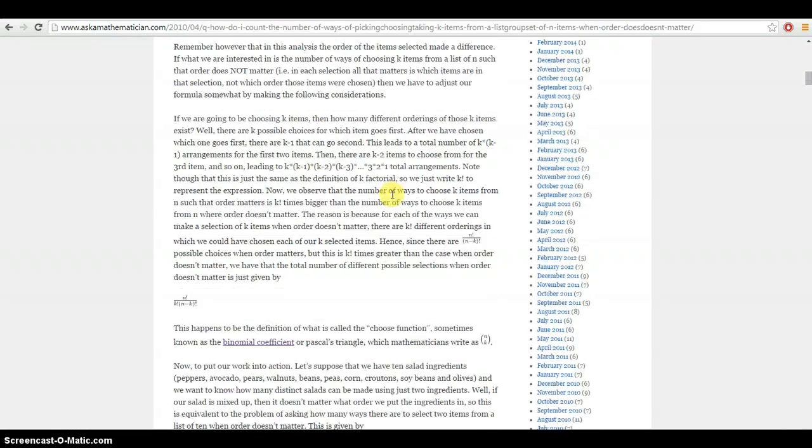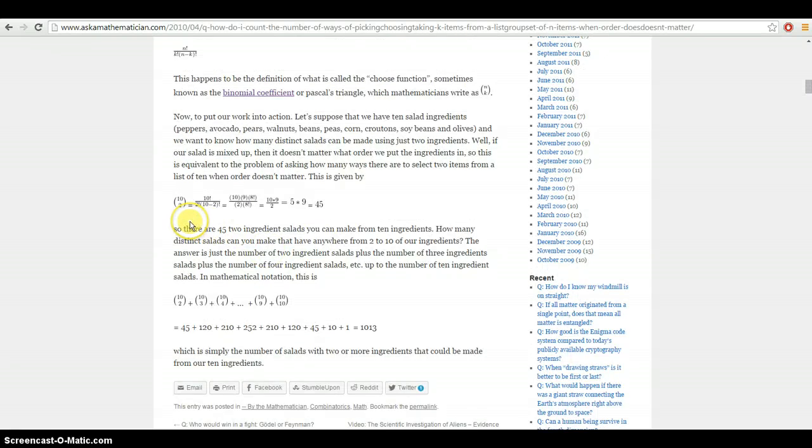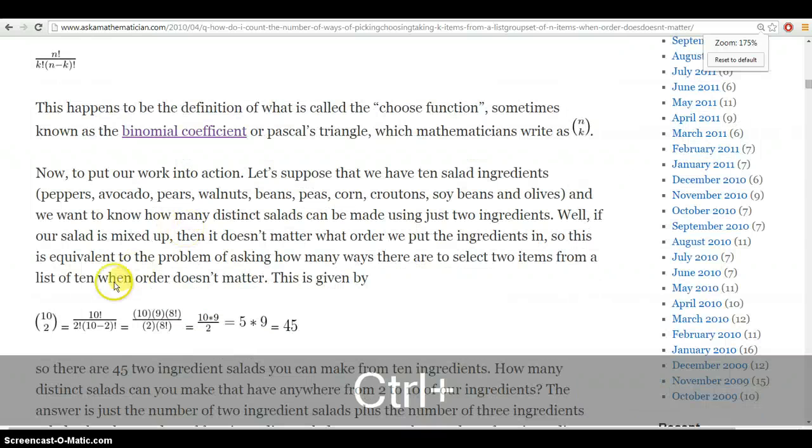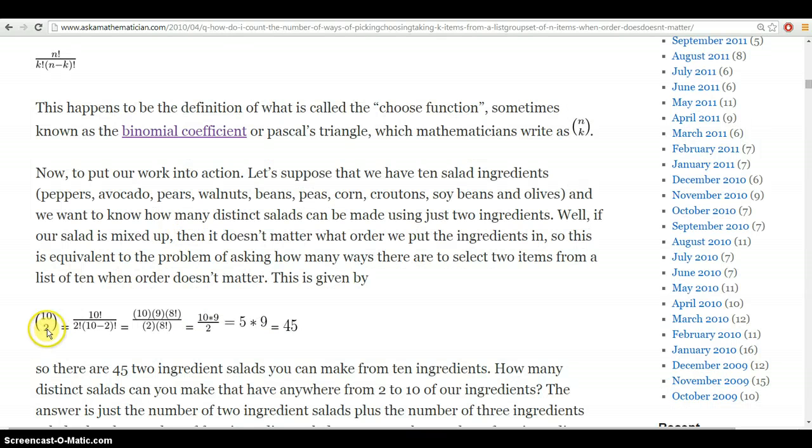And if I scroll down here, I notice this symbol, this 10 over 2 in parentheses that I saw in the problem we were just doing. So I may read a little bit about this and figure out that this exclamation point here is called a factorial, and what that means is 10 factorial would be 10 times 9 times 8 times 7 times 6 all the way down to 1. 2 factorial would be 2 times 1.